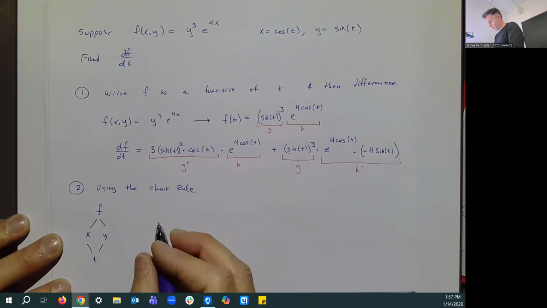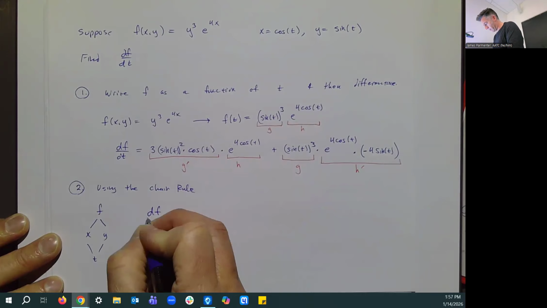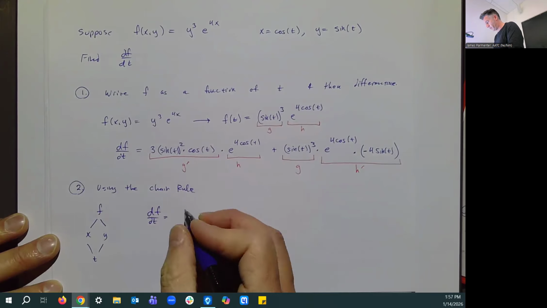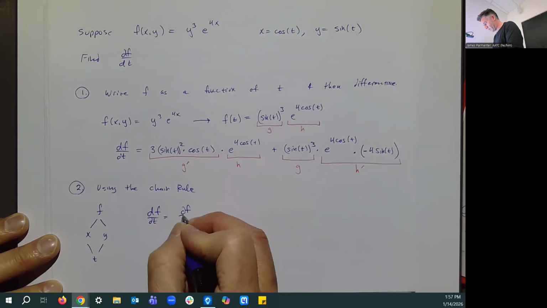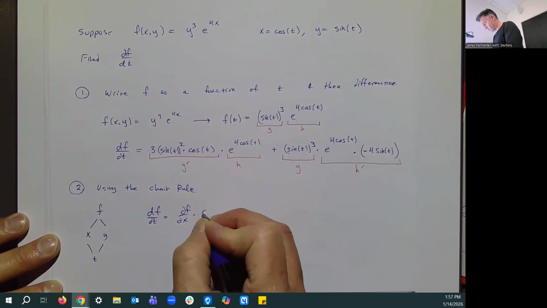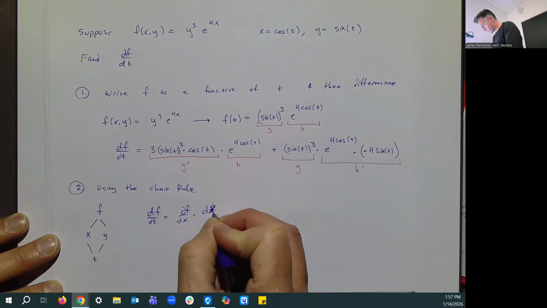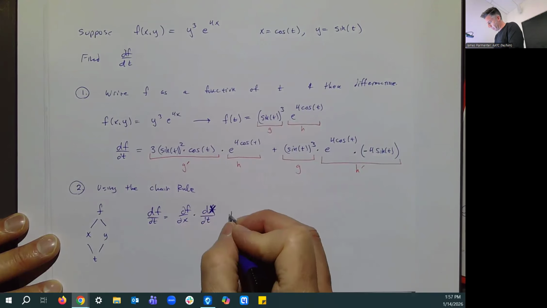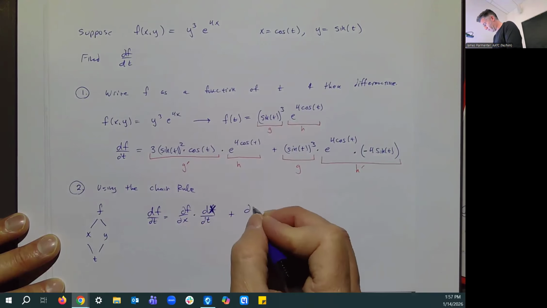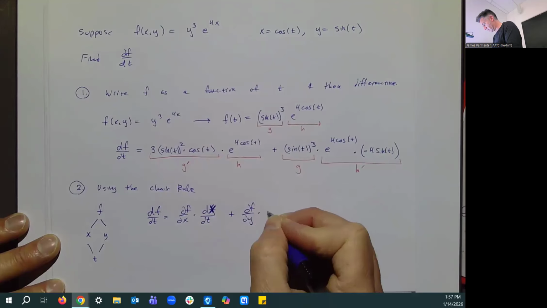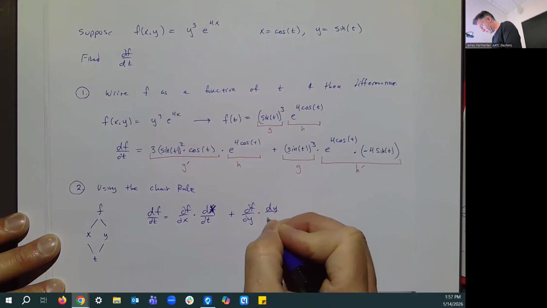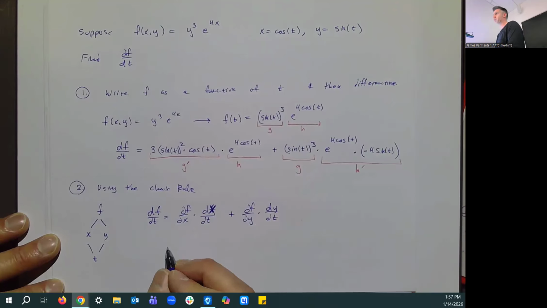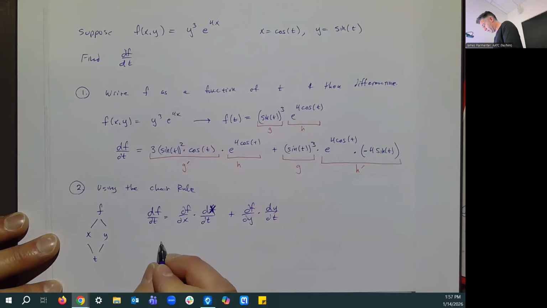So here, we're going to say that df dt is going to equal the partial derivative of f with respect to x times dx dt, the derivative of x with respect to t, plus the partial derivative of f with respect to y times dy dt. Let's go ahead and take a look at it that way.